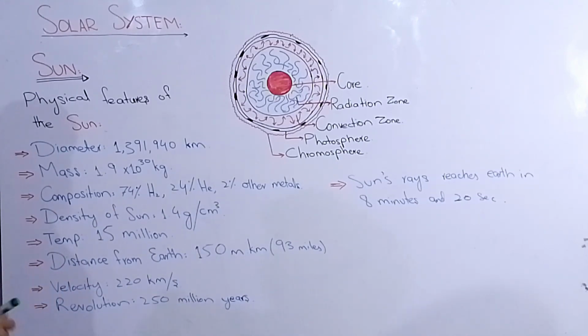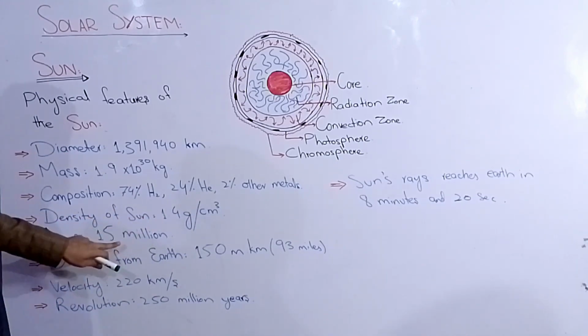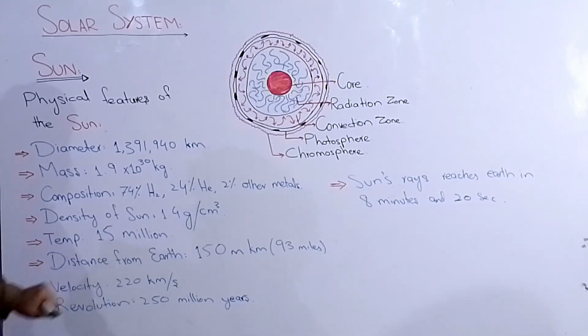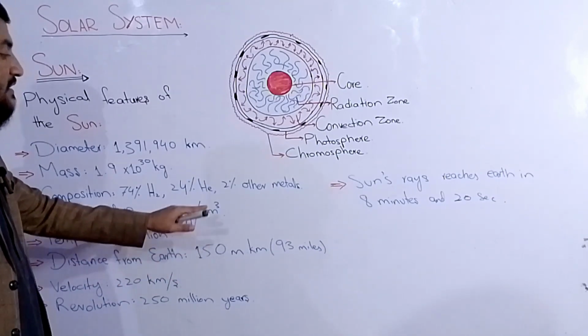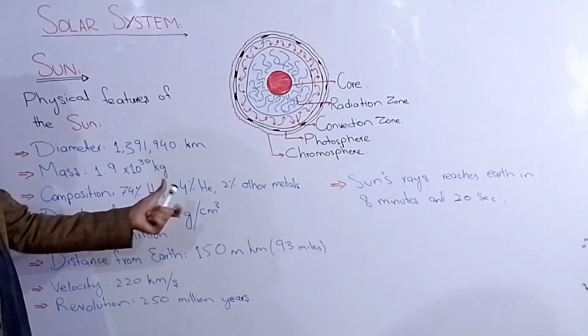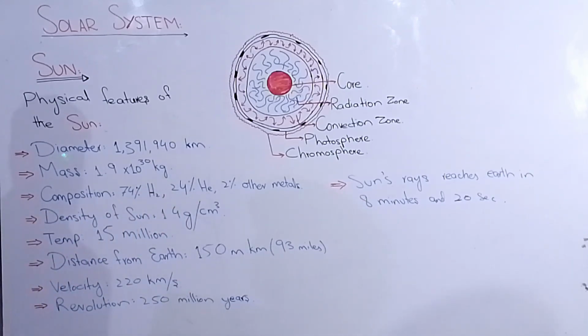Then its temperature, especially of the core region, is 15 million degrees Celsius. Its distance from Earth is about 150 million kilometers, or about 93 million miles.